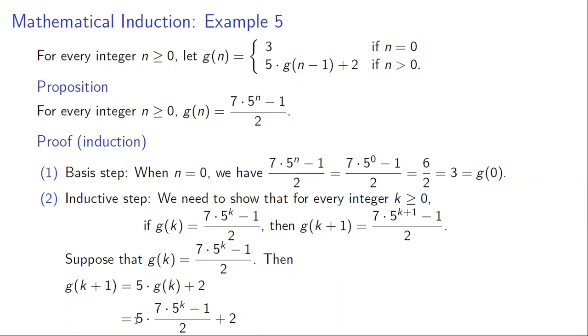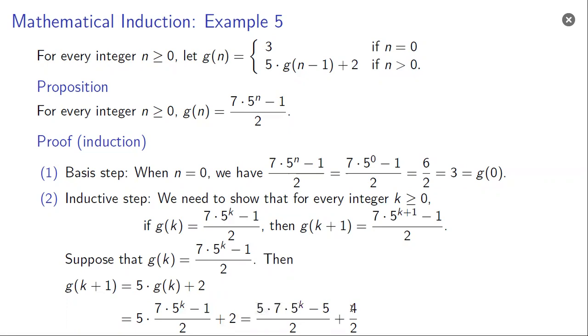Well, this is 5. So what am I going to do with it? I will multiply it by 7 times 5 to the k, and I'll also multiply it by -1. So that's 5 times 7 times 5 to the k, and then it's minus 5. And then as for this 2, I want to make this one big fraction here, right? So what I'm going to do is find the common denominator, which in this case would be 2.